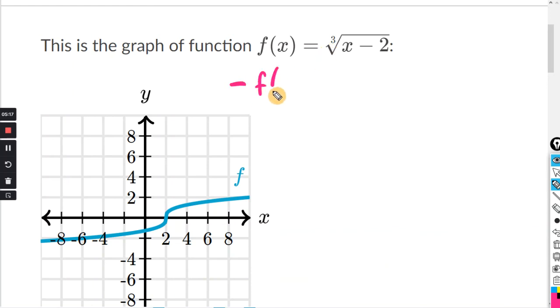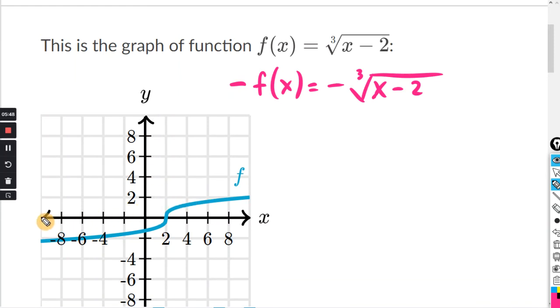The negative of f of x is just the same thing, negative third root of x minus 2. All they did was multiply the whole function f of x by negative 1. If you remember from the notes, this is multiplying all the y values by negative 1. So 8 becomes negative 8. Negative 4 becomes positive 4.